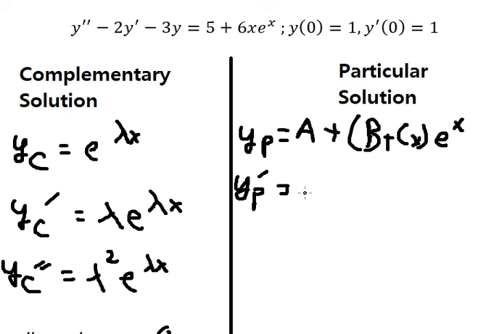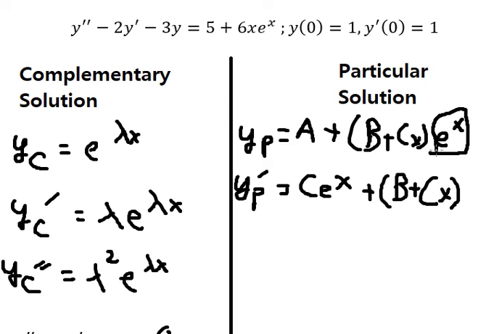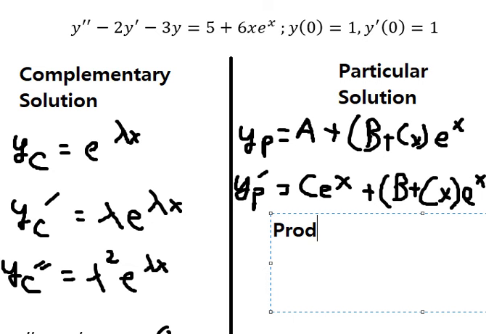For this one, if we do the first derivative, we will have the first derivative of this one. So we just have c e to the power of s plus b plus cs, and we do the first derivative of e to the power of s. That is the product rule of derivative.